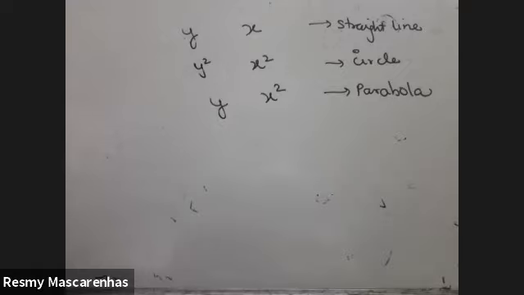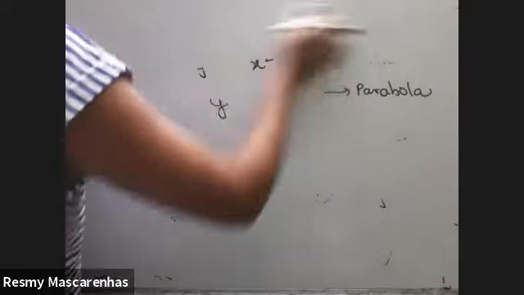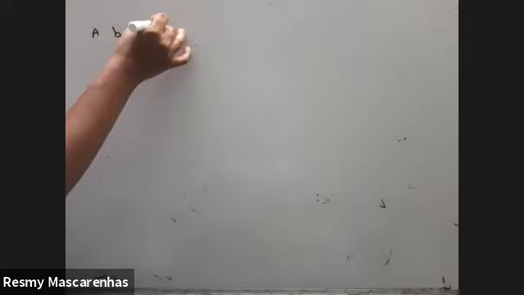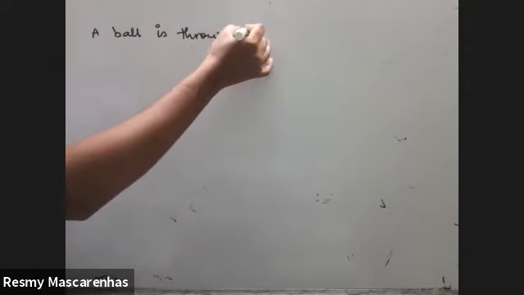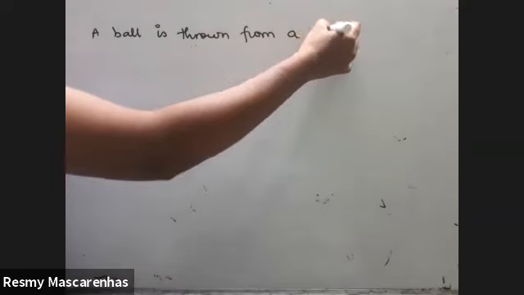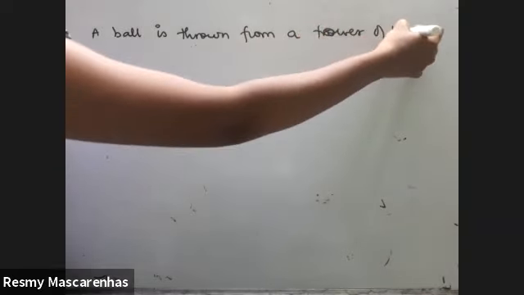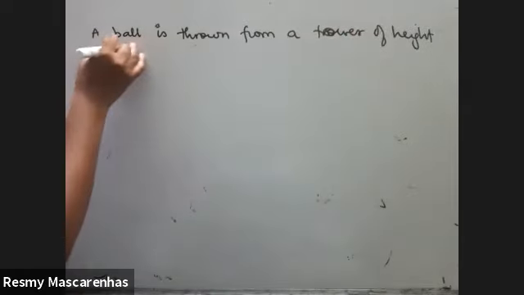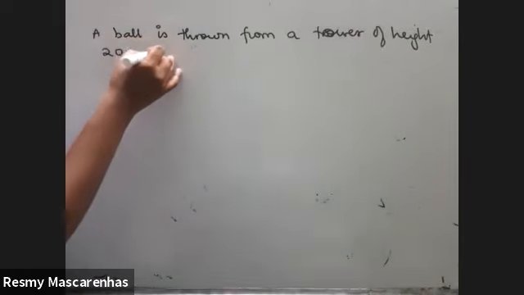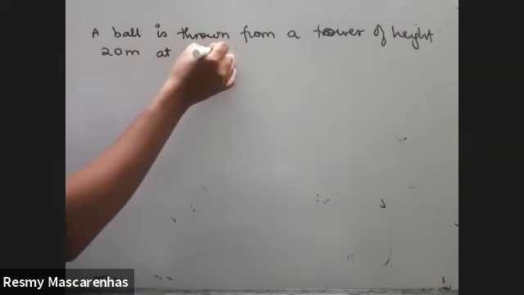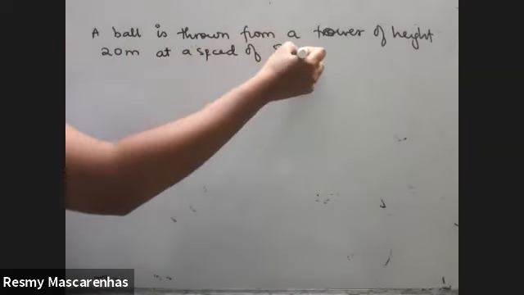Let's solve one problem. A ball is thrown from a tower of height 20 meters at a speed of 5 meters per second.